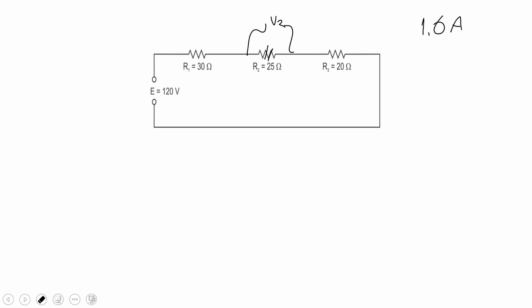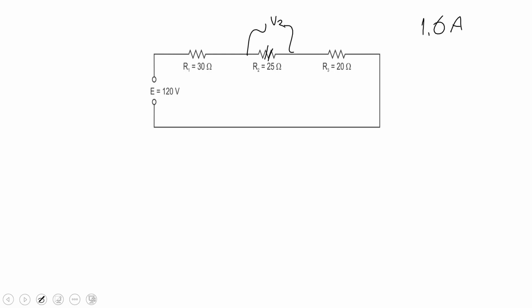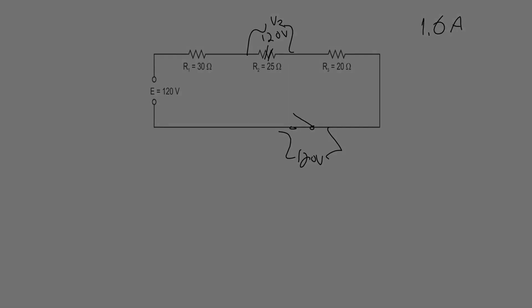And so now we would get the full applied voltage of 120 volts across the open portion of the circuit. No different if we put a switch in somewhere and it was open. I would get the full 120 volts, or the applied voltage, across that switch. Anyways, hope that helps you review series circuits a little bit. And next video should be parallel.